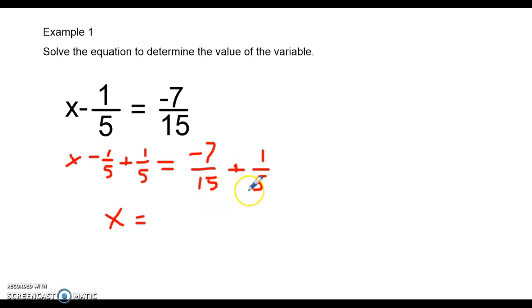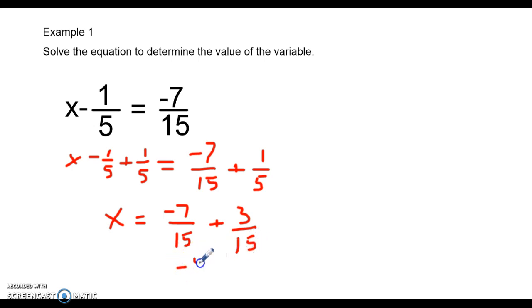On the right side of the equation, we've got to get a common denominator. You guys know that. So it should be pretty clear to see our common denominator should be 15. So the first fraction can stay put, -7 over 15. And then the second fraction here, we're going to multiply top and bottom by 3. So it would be plus 3/15, excuse me. All right. So really what we're left with is -7 plus 3, which would give us -4.